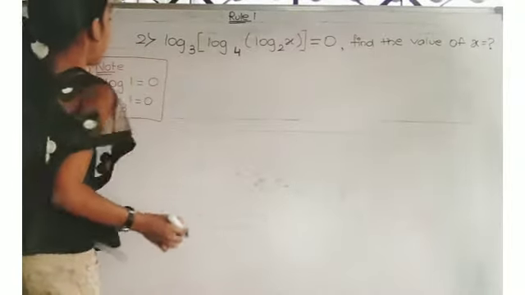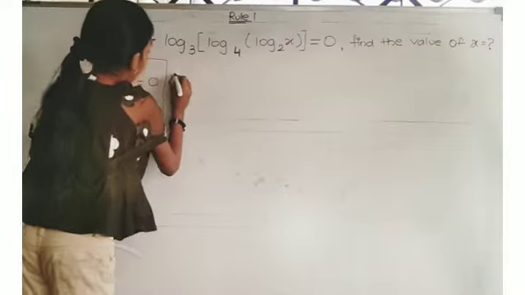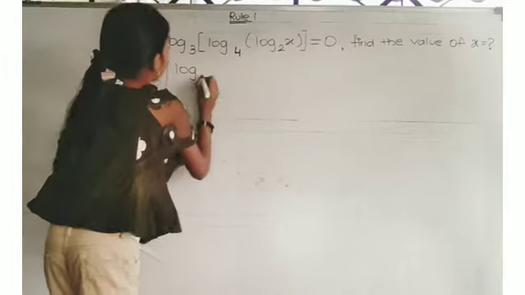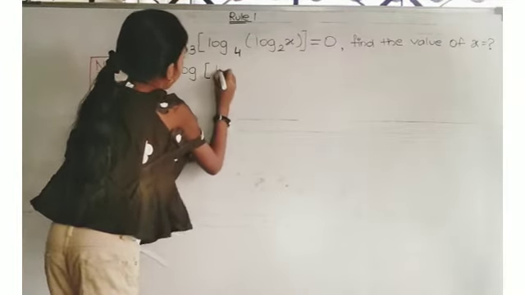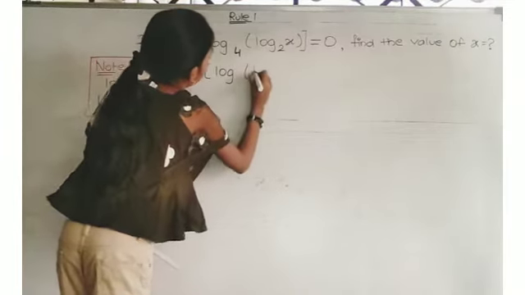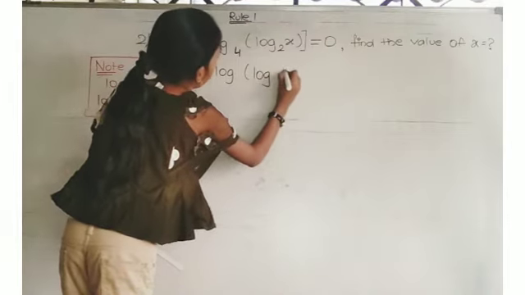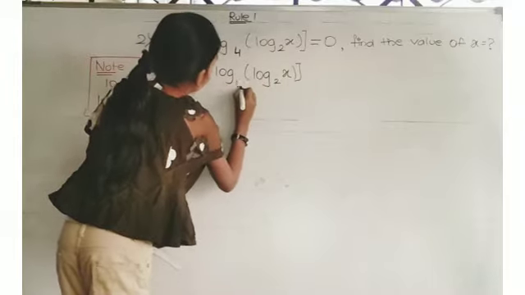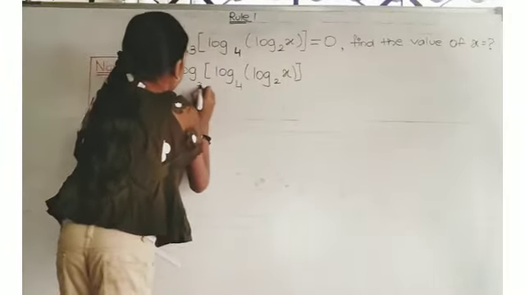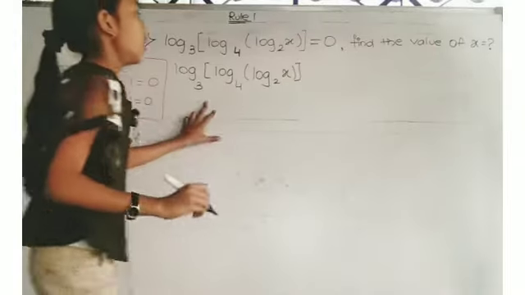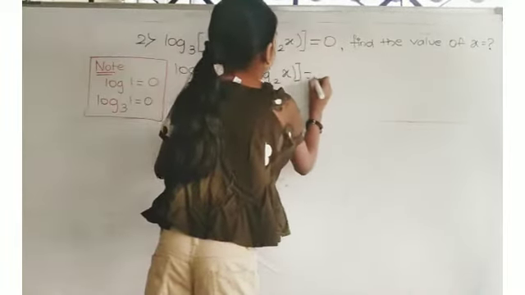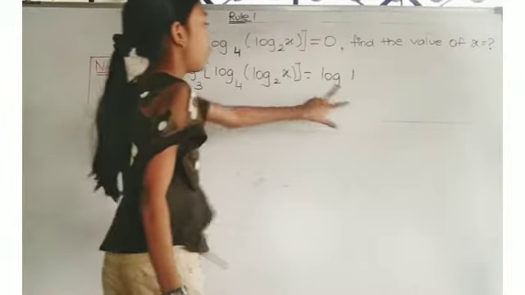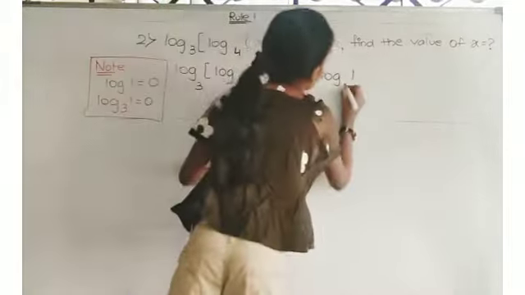So this we are going to write as log, in the bracket again log, here log x base to 2, base to 4 and base to 3 is equal to log 1. This 3 we have to write here for the cancellation.